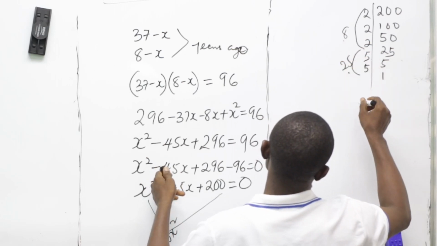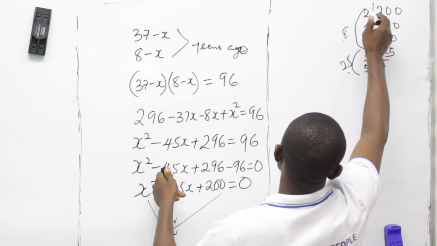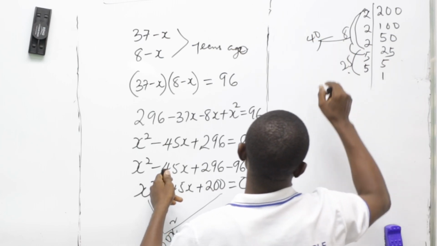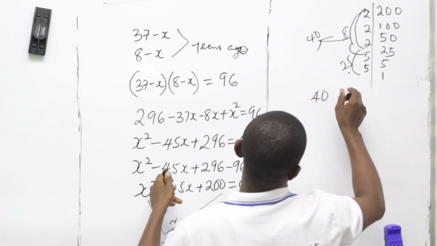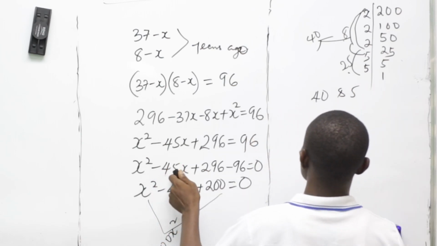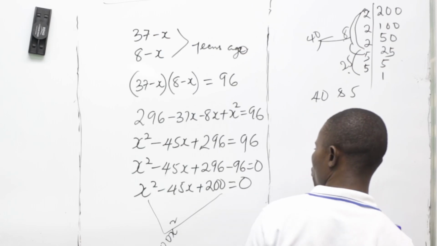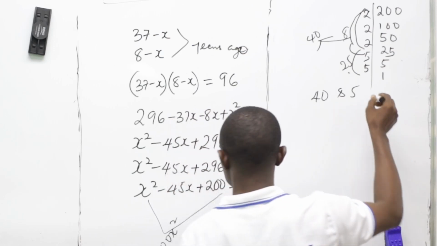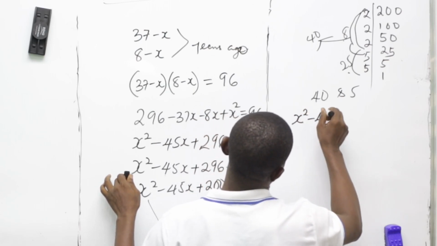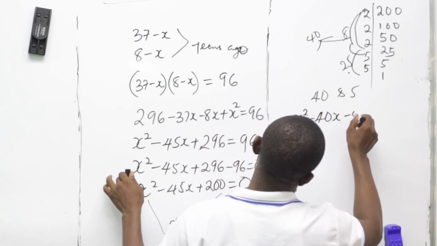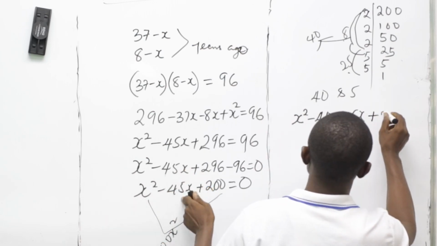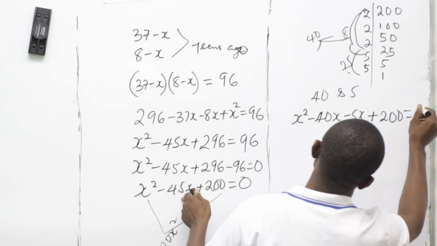Then, let us consider another thing. 8 times 5 will now be 40. Meaning we'll have 40 and we'll have 5. 40 plus 5 is 45, then 40 times 5 is 200. Now let us position this. It will now be x squared minus 40x minus 5x to replace minus 45x, plus 200 equals 0.